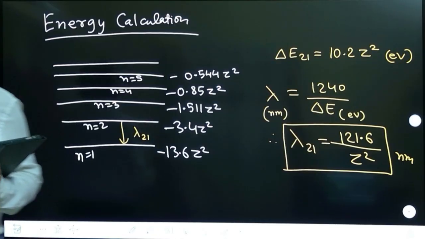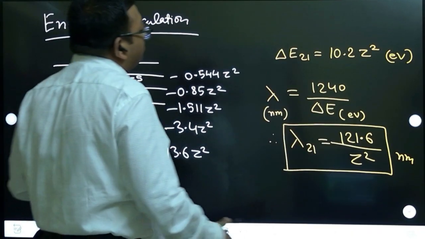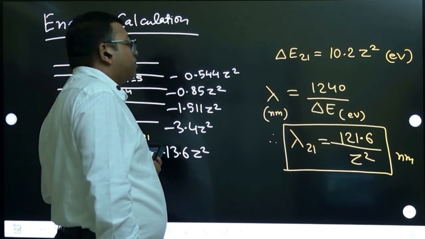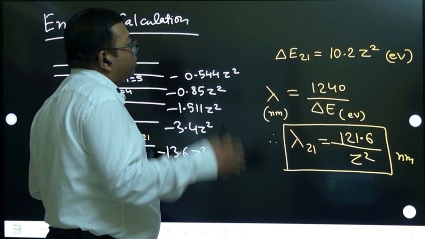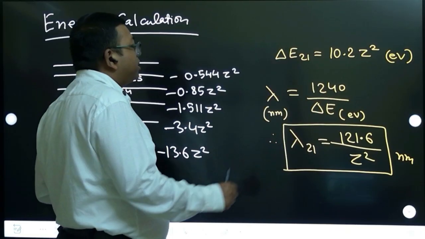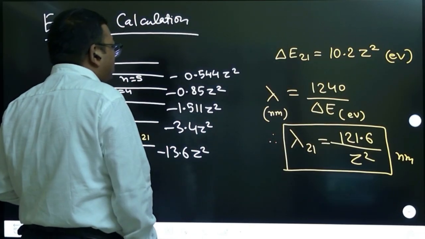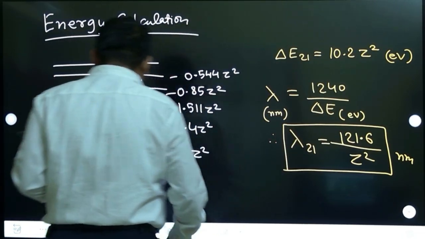You will immediately solve these using the formulas if you remember them. They are very important formulas. Who will do the calculation in the exam? Within a few seconds you will solve that. That is why it is highly recommended for NEET as well as for JEE, since they are studying this chapter.